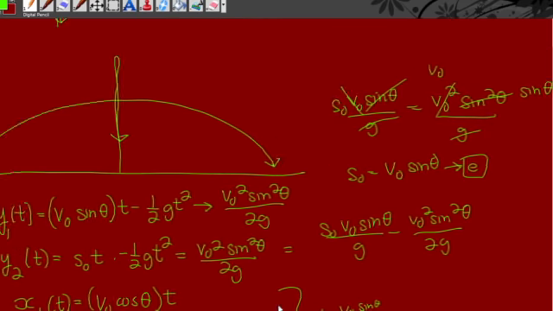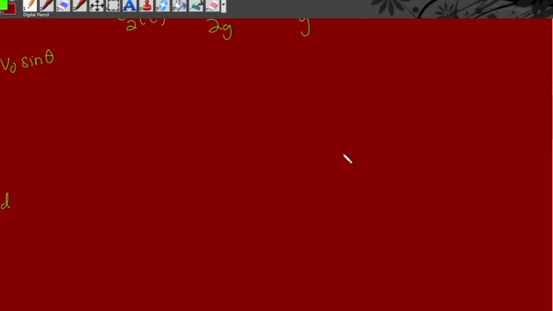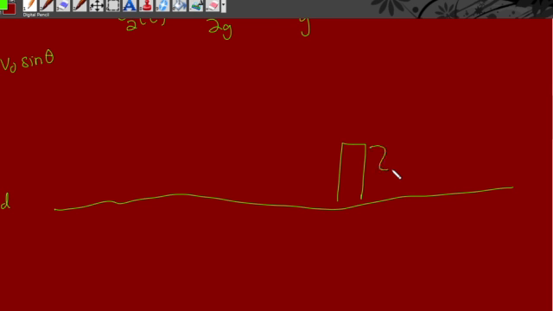Okay, next problem. A wall has height h, so let's just draw the floor. Just pretend that this is level ground and that I'm actually decent at drawing, which is obviously far from reality, but whatever. So the wall has height h, and it is a distance L away.